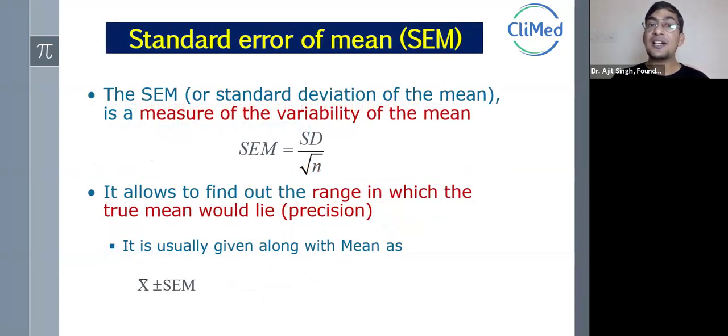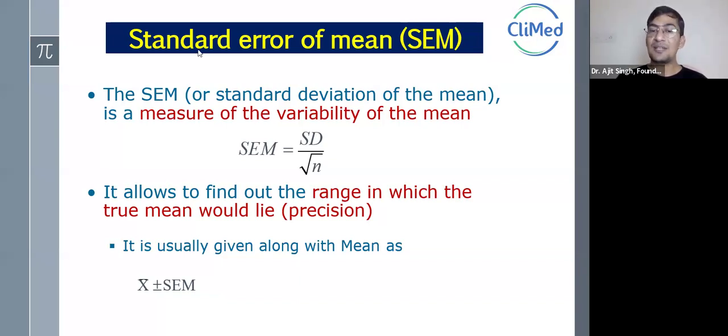The main thing here is standard error of mean. Sometimes your standard deviation is also the same, so you need to dive deeper to find out the difference, and you have to go to the SEM.